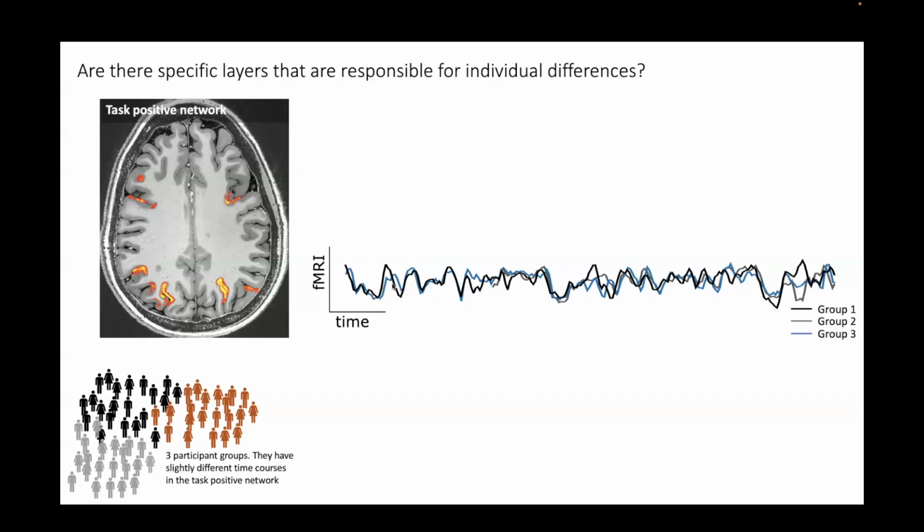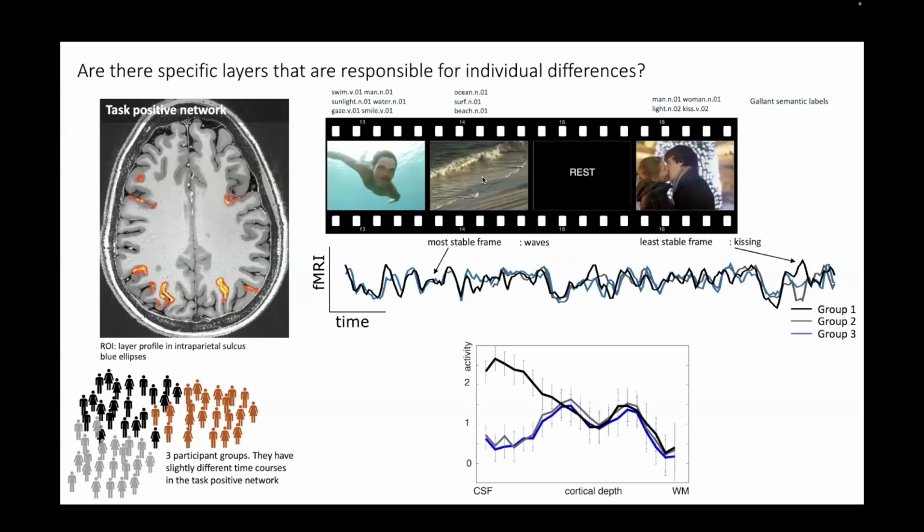And then you can see that the time courses are quite consistent for watching these 6 different movie clips. There are time frames that are more stable across people, and time frames that are less stable across people. For example, these nature scenes were more stable, these kissing scenes were less stable, people reacted differently in that network.